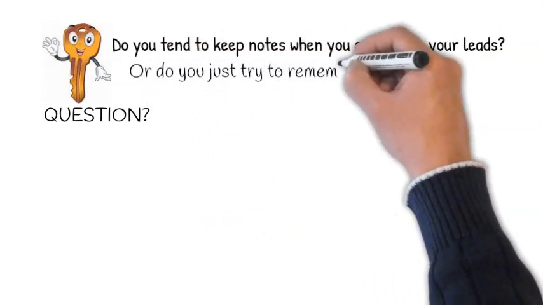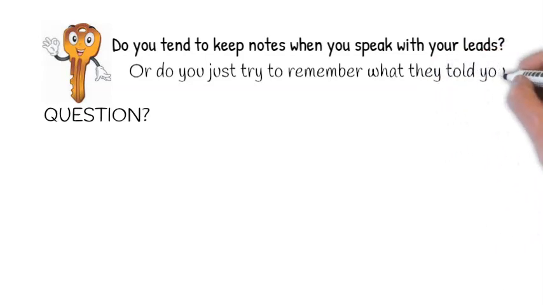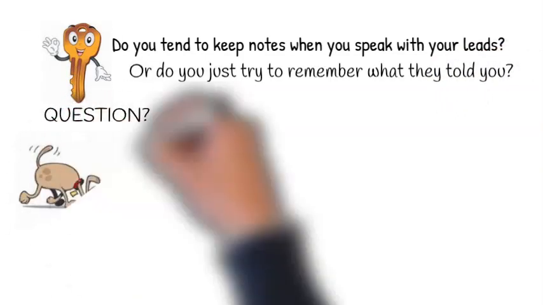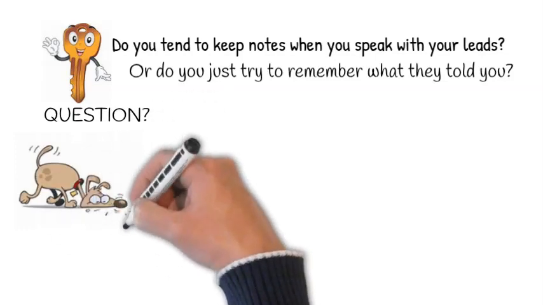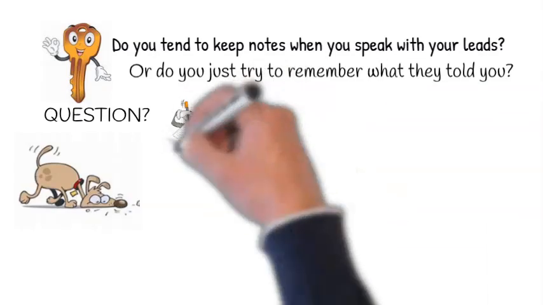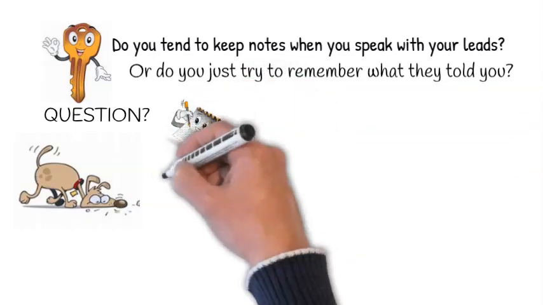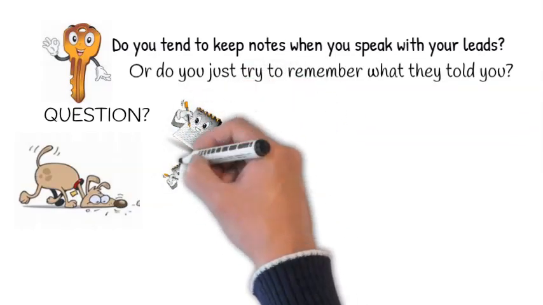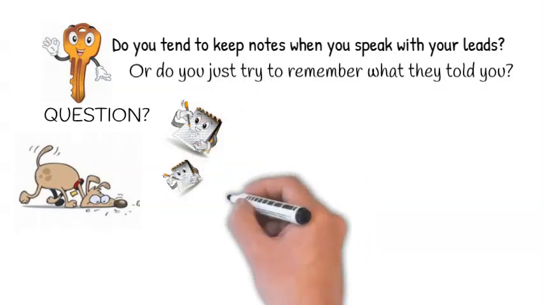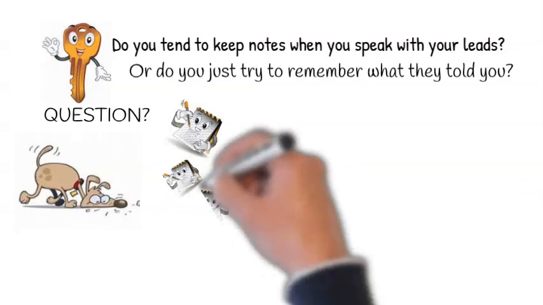But here's the truth. If you're going to track hundreds of leads over time, which is what you're going to do if you really want to succeed, if you don't take notes, you simply will not remember what they told you. And that's the difference between success and failure. Now think about this. If you put the notes in the database, you'll never lose them.